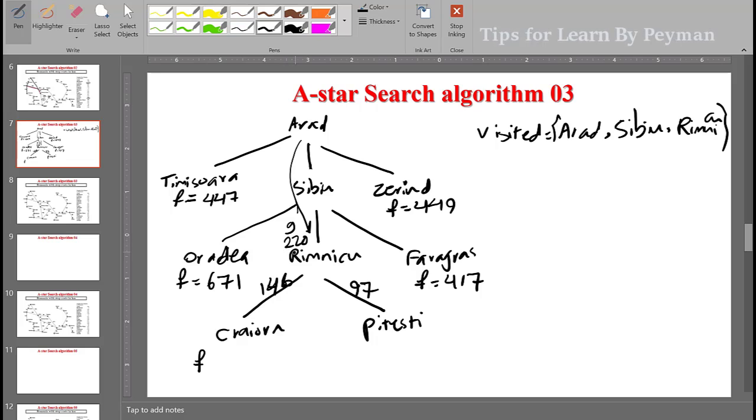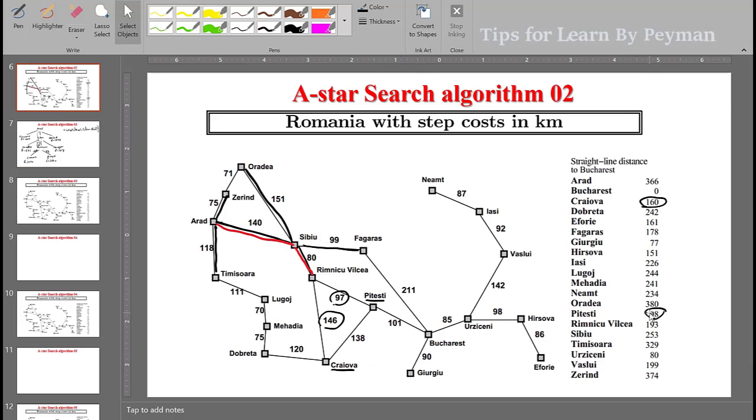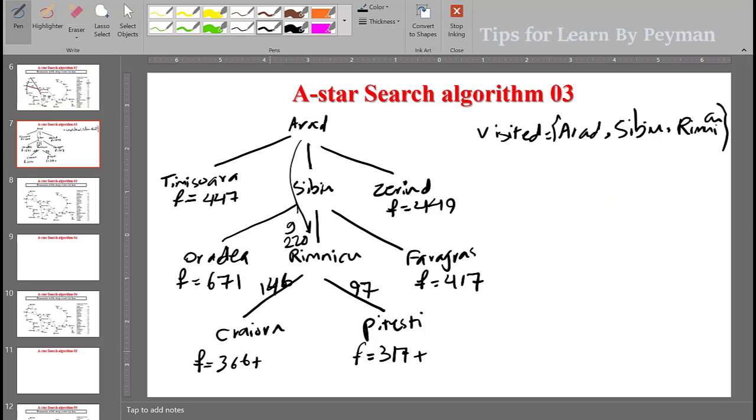So I should calculate the sum of the 220 and 146 here, so the G would be 366 plus, and here 97 plus 220 would be 317 plus, let's check the heuristic value for them, 98 and 160, so it would be 366 plus 160 and 317 plus 98, and if you calculate the sums it would be 526 here, and we have 415 here.